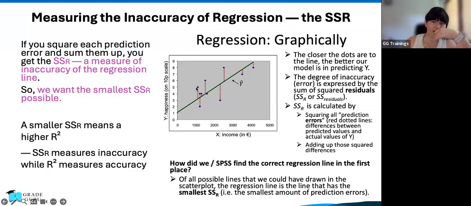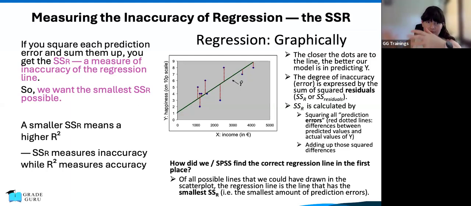So if we looked at the prediction error for every single y value in the sample, the distance between what we predicted for y and what actually happened, illustrated by the red dotted lines here, and if we took each prediction error, squared it and summed them all up, we would get what's called the SSR, the sum of squared residuals. So the SSR is our measure of inaccuracy for the regression line.